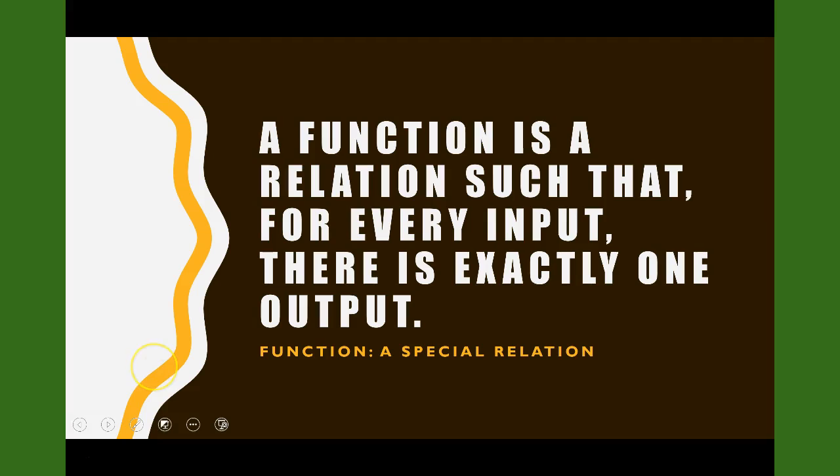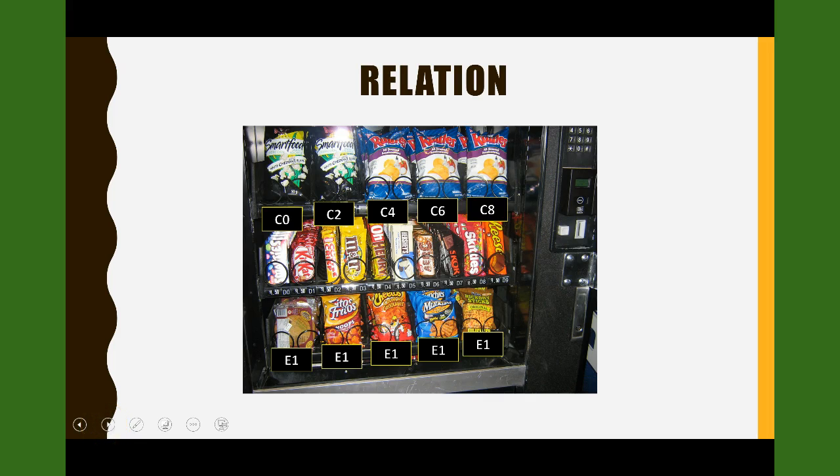Like I said, let's differentiate these two, a function and a relation, using a vending machine. In this vending machine, for example, this vending machine represents a relation. The reason for that is because, again, the definition of a function is there should be one output for every input. Okay, exactly one output.